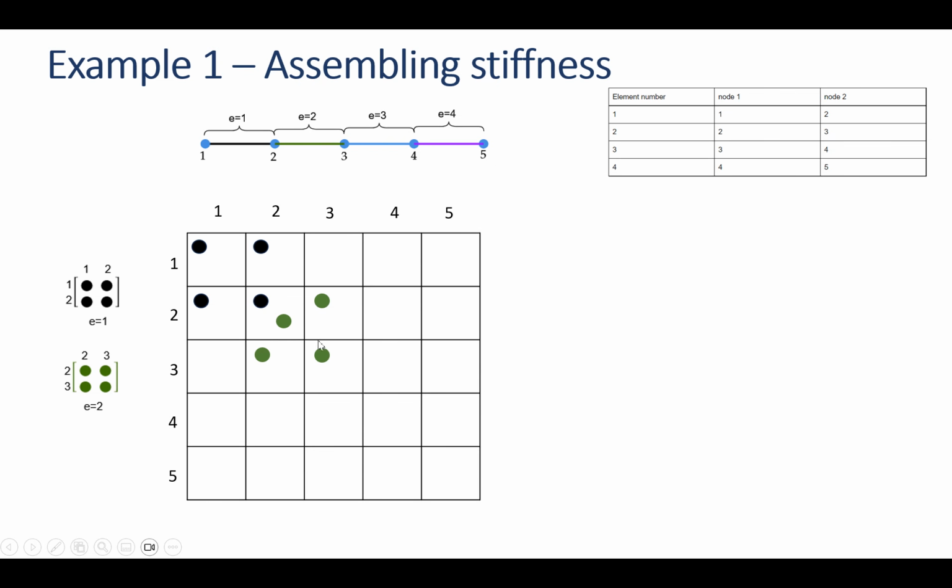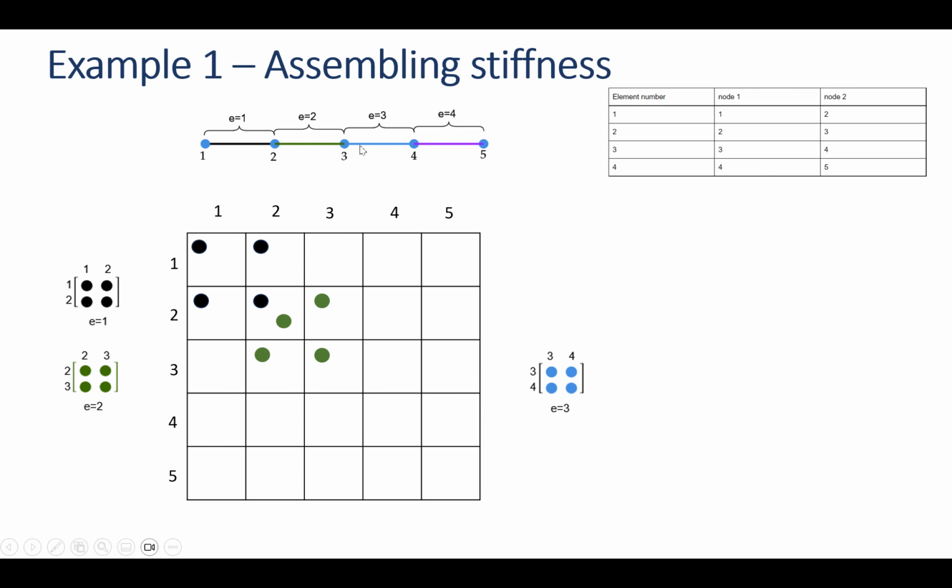So we have all the 4 values. Note here, in the diagonal entry 2, 2, we have 2 dots. That means we have one value coming from element 1 and another value coming from element 2. As you can see, node 2 is connected to 2 elements, so we get the contribution from both elements. That is what we see here.